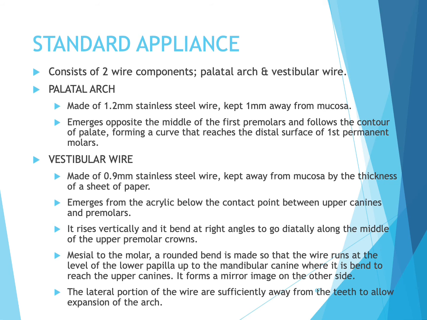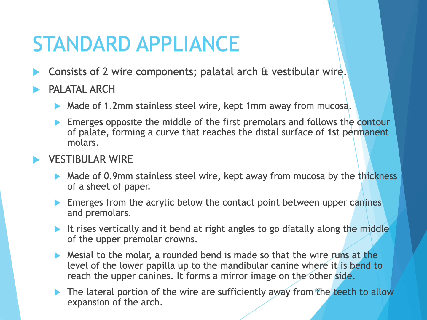The vestibular wire is made up of 0.9 mm stainless steel wire. It emerges from the acrylic below the contact point between the upper canines and premolar. It rises vertically and is bent at a right angle to go distally along the middle of the upper premolar crowns.